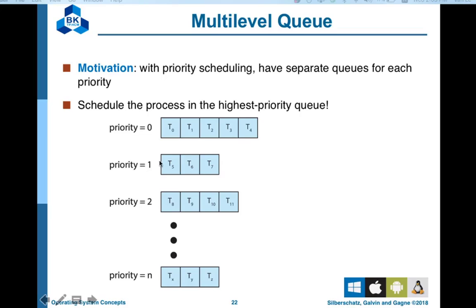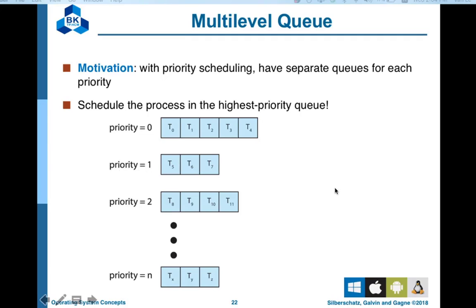The processes in the queue of priority one are run if and only if there is no process here. The same applies: if one process in this queue runs, it means that there is no process in the priority of 0 and no process in the priority of 1.